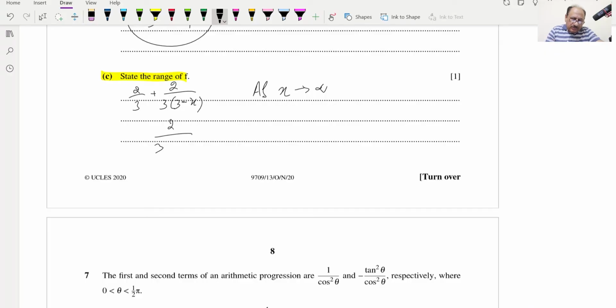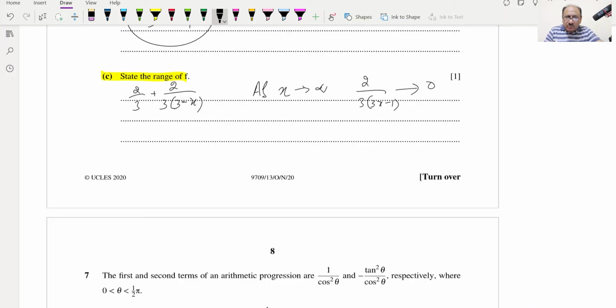This will be 3 into 3 minus infinity, so this will be 0, and we will get 2 over 3. So we can write this will be 2 over 3 into 3x minus 1.